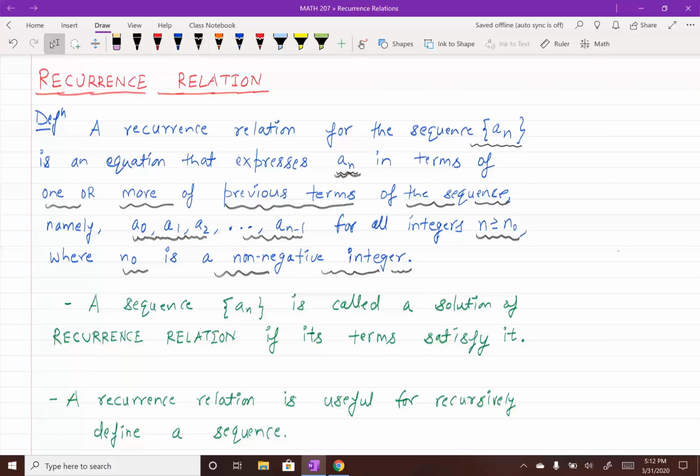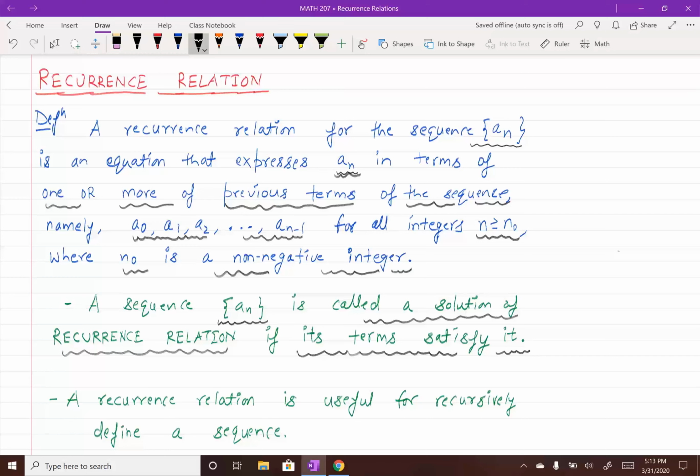Once we have a recurrence relation, a sequence a of n is called a solution of the recurrence relation if its terms satisfy that recurrence relation.